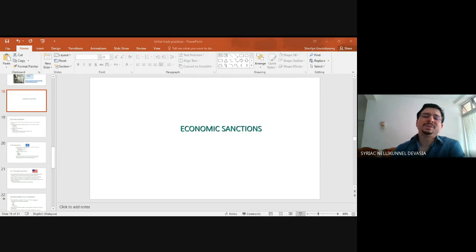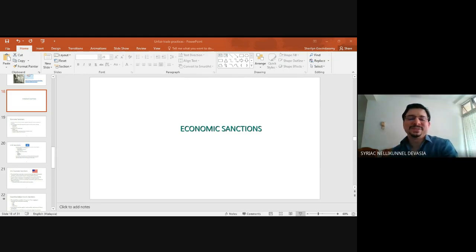Then we have the list-based sanctions. This is mainly on individuals, companies, and other organizations. We also have a sanction called prohibition, where there are specially designated nationals, SDNs. These SDNs can be an individual, a company, or associations, which can be an NGO, a charity, or even ships. Ships can also be under sanctions.